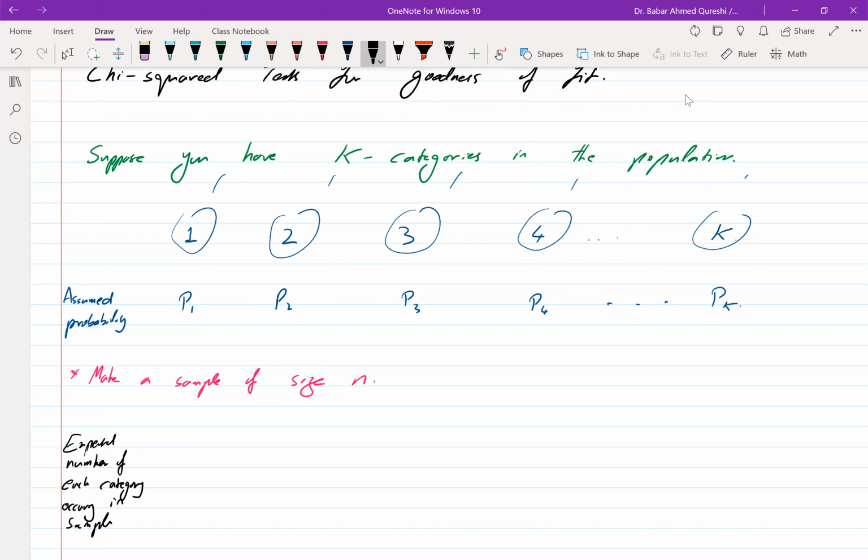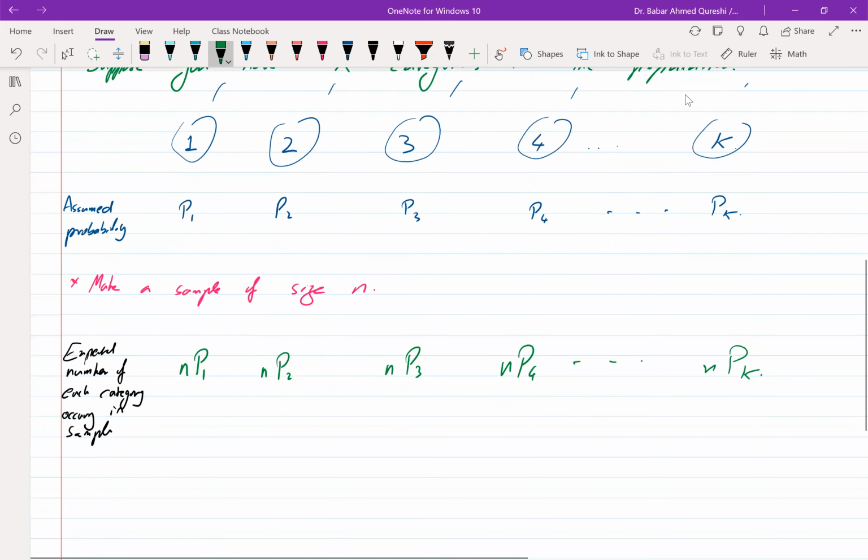Since you have n total and the probability of each one occurring is P1, P2, P3, and so on, this expected number would just be n times P1, where n is your total sample size. This would be obviously nP2, nP3, nP4, and so on.